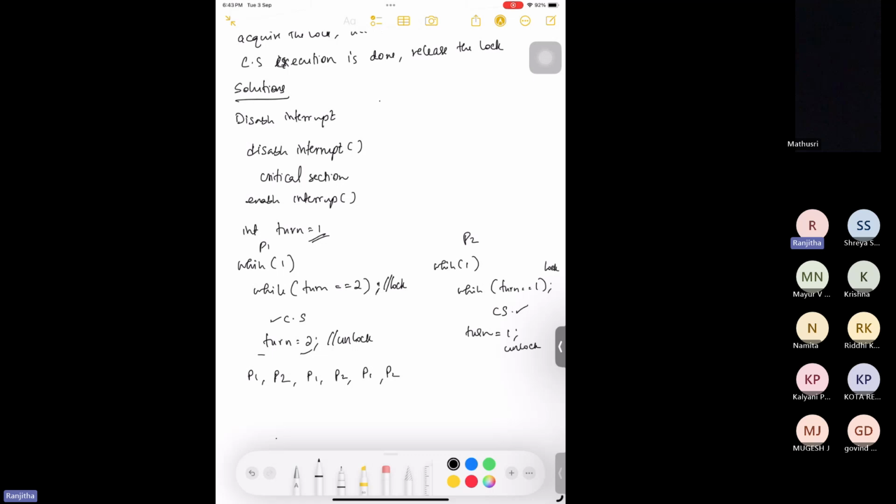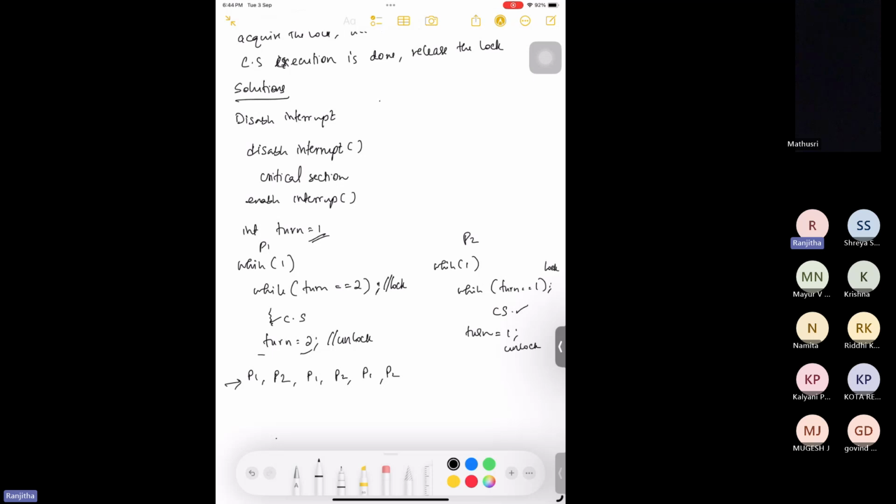For example, when P1 is executing, the value of turn is 1, so P2 sees that the value of turn is 1 and stays in the infinite while loop. It is busy waiting, so a lot of CPU cycles get wasted.